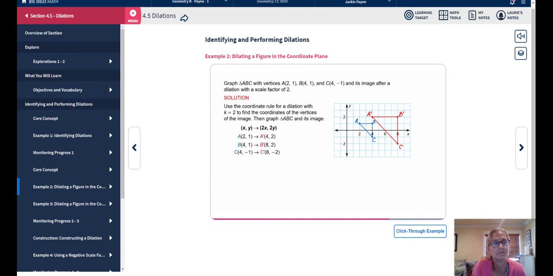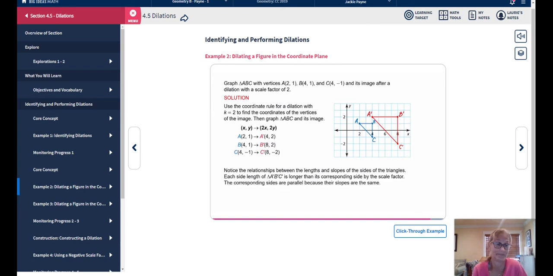So triangle A prime B prime C prime is the image of triangle ABC after a dilation with a scale factor of 2. Notice the relationships between the lengths and slopes of the sides of the triangles. Each side length of triangle A prime B prime C prime is longer than its corresponding side by the scale factor. The corresponding sides are parallel because their slopes are the same.